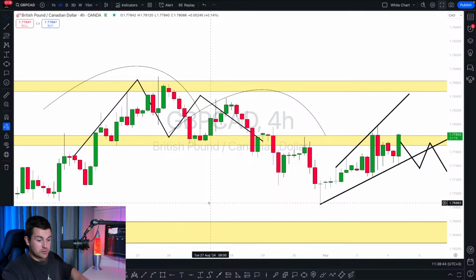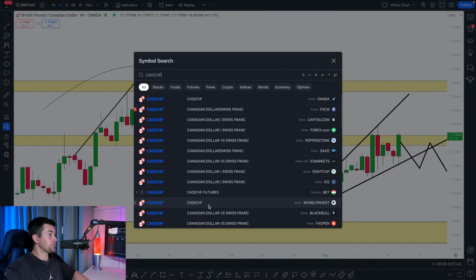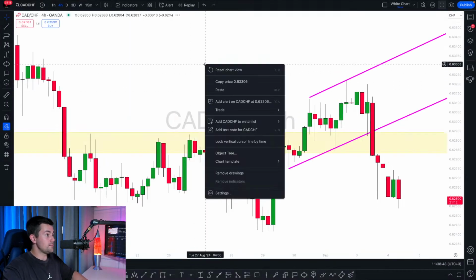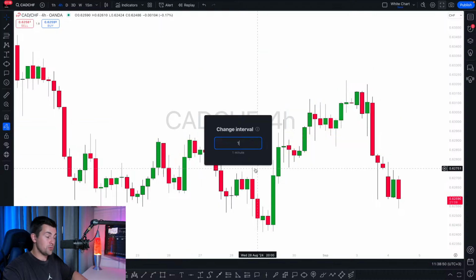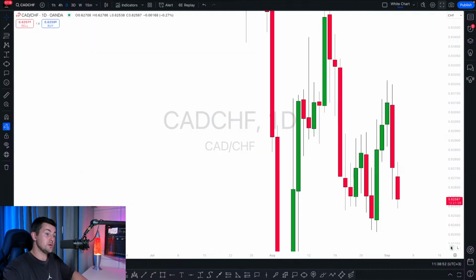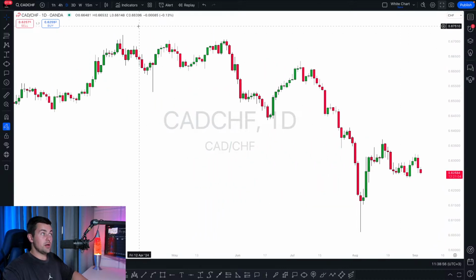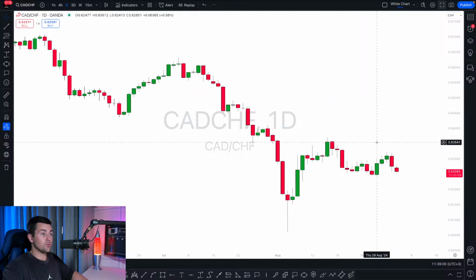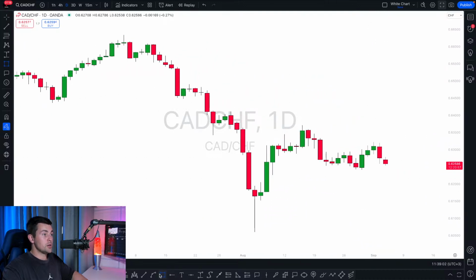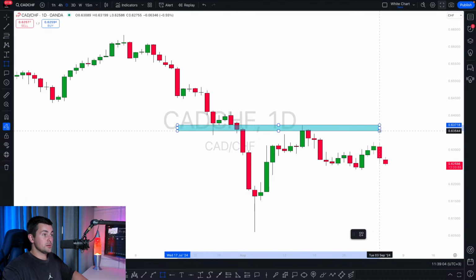Then CADCHF. CADCHF is very strange. But on CADCHF, I am bearish. I am bearish simply because the market is trading in a bearish trend on the daily. We started the correctional movement yesterday. We reached this resistance.